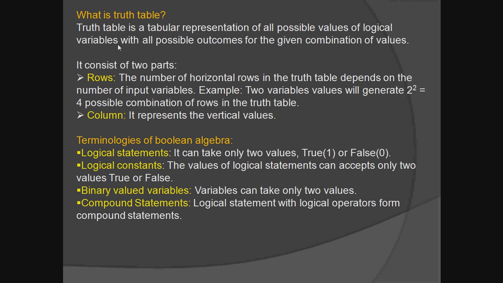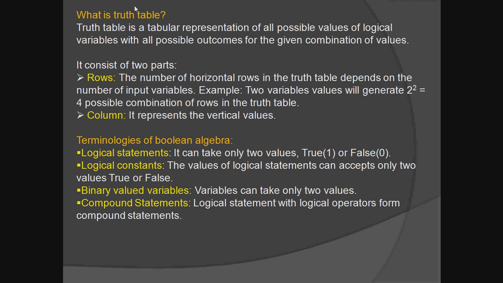Based on the number of inputs, all the possible outcomes after evaluating the variables will be generated using the truth table. So to express the Boolean algebra, a truth table is used.